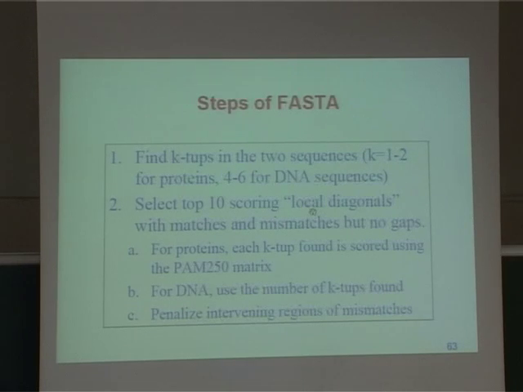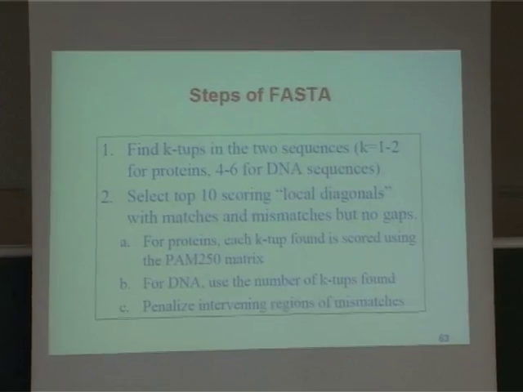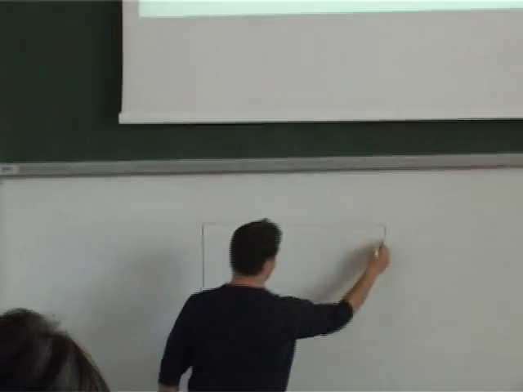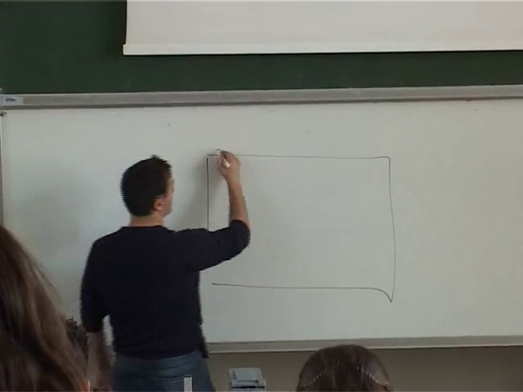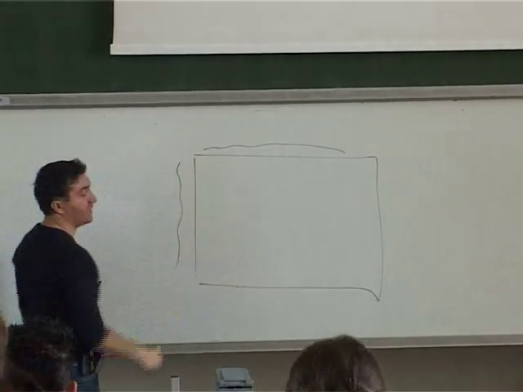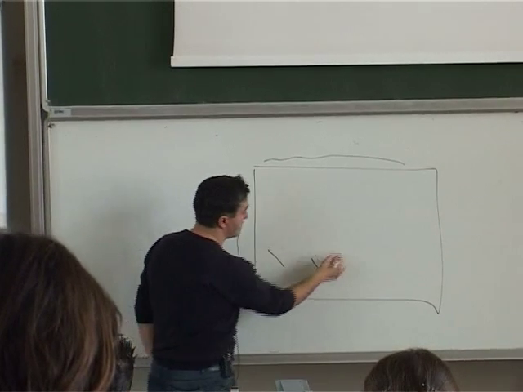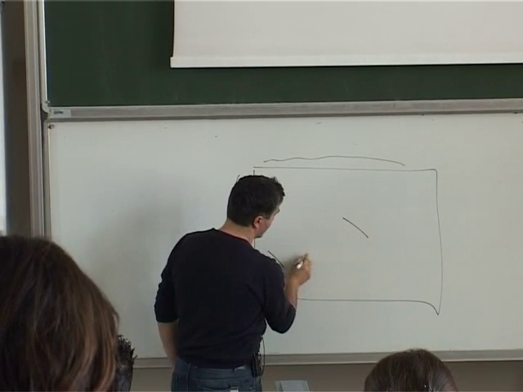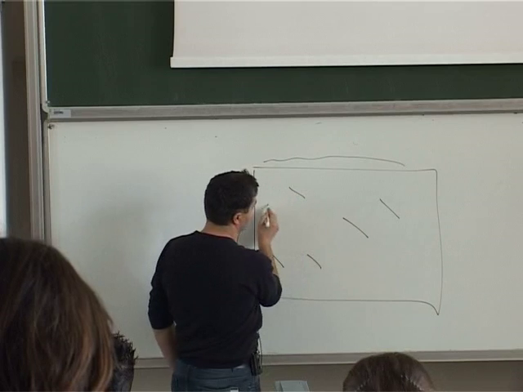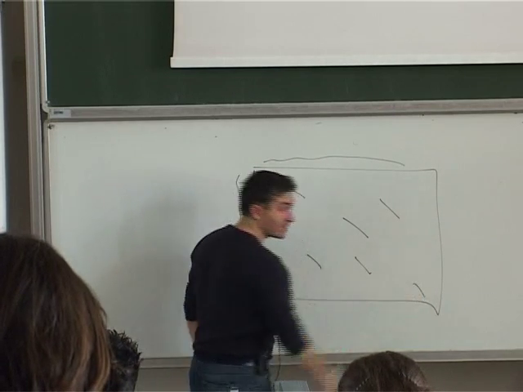If you look at the dynamic programming matrix, if one sequence is here and the other sequence is here, these exact matches are going to appear as local diagonals in this matrix, right?